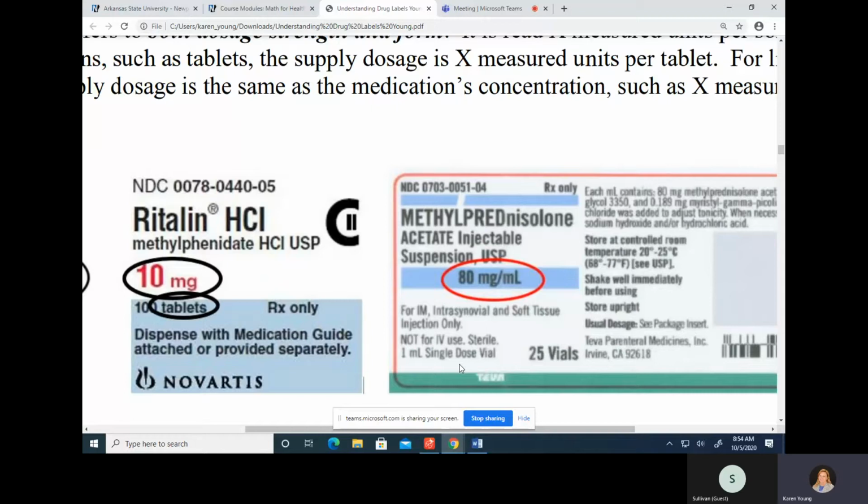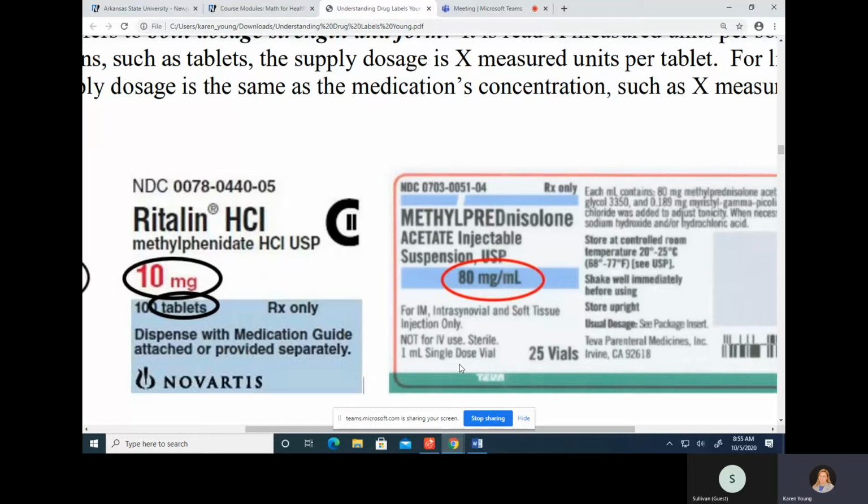If you have an order for this medication to be given in an IV, and they send it to you, you've got to read that fine print and make sure it says for IV. If you give an IM medication in an IV, you can cause possible death with some medications, or you can cause major harm because you're giving either too much or too little.